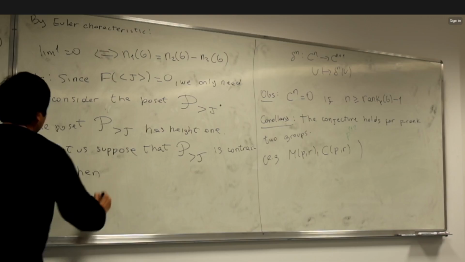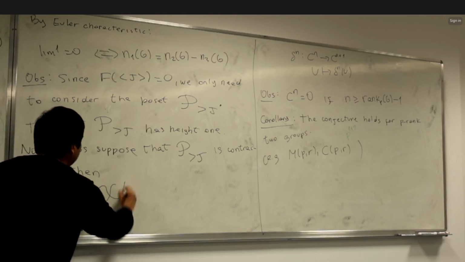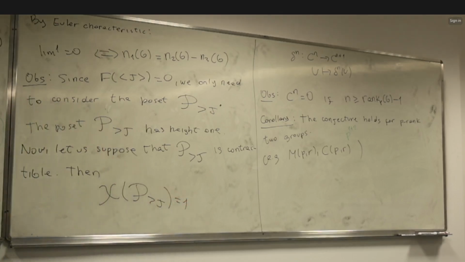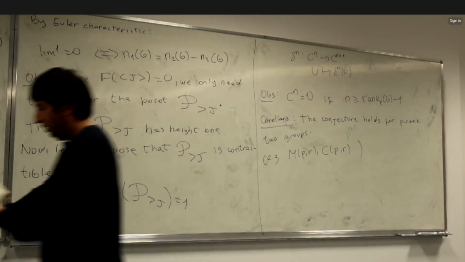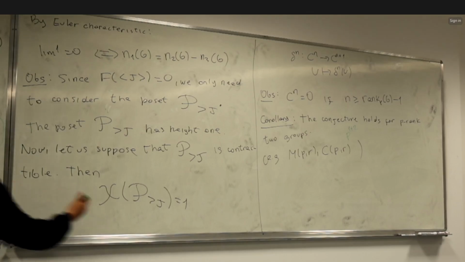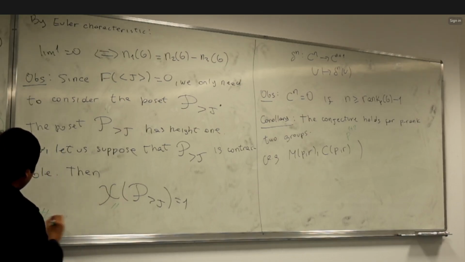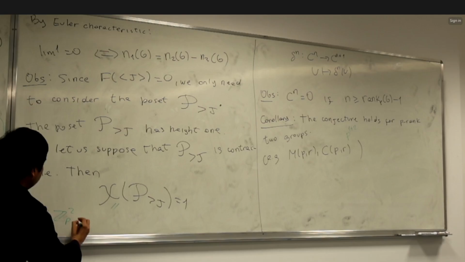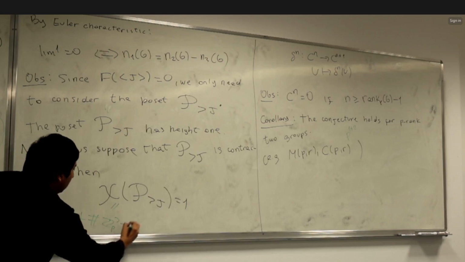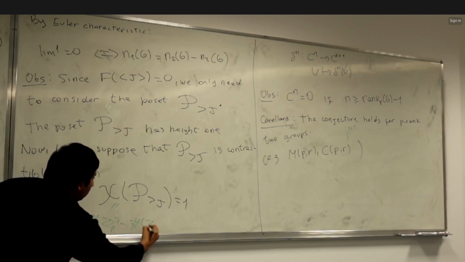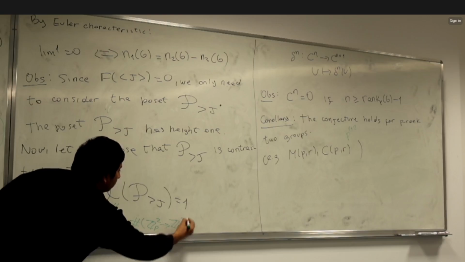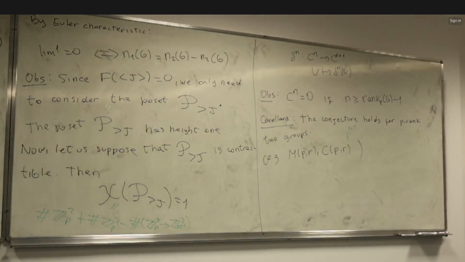Then the Euler characteristic of this poset is 1. But at the same time, this is the number of copies of Z mod p squared plus the number of Z mod p cubed minus the number of arrows, inclusions. So that is 1.